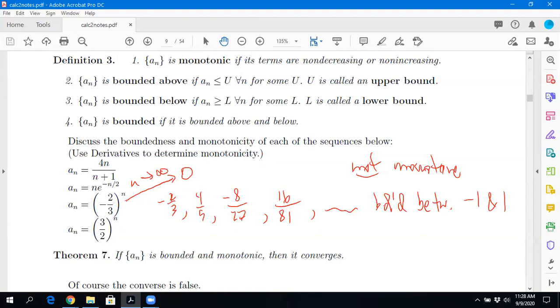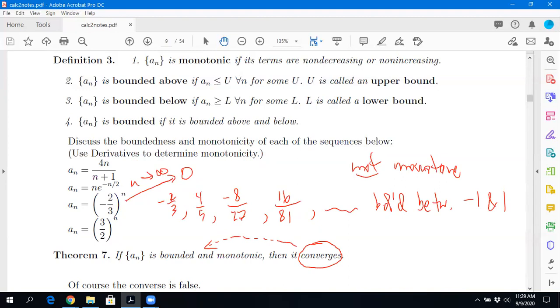By the way, this little sentence down here, you can't really see it because it's covered up a little bit, but it says, of course, the converse is false. If you have a sequence that converges, that does not necessarily mean it has to be bounded and monotonic. It will end up being bounded, but not necessarily monotonic.